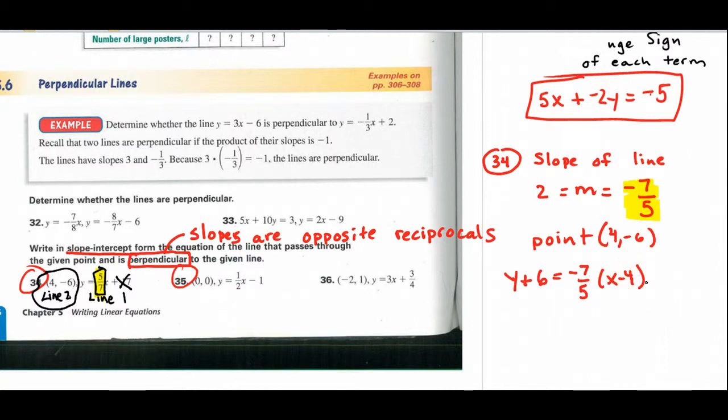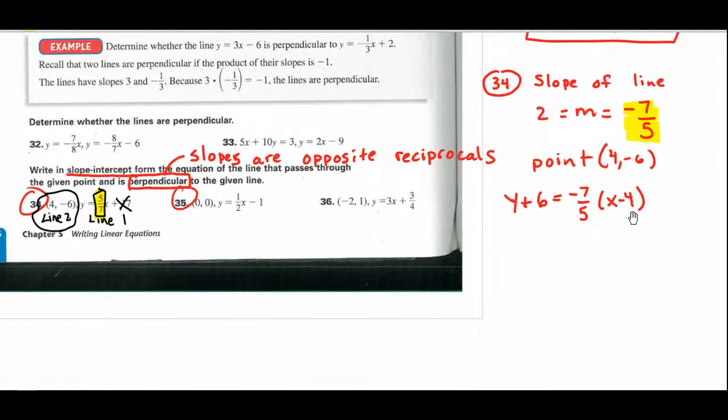and it says slope-intercept form, so I need to distribute the slope, and I have y plus 6 equals negative 7 over 5 times x plus 28 over 5.